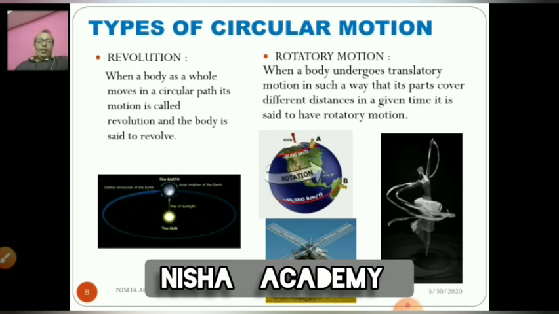So, we can say that the fan has a rotatory motion. In the third figure also, a doll is taking a round around its axis. So, when a body undergoes a translatory motion in such a way that its parts cover different distances in a given time, it is said to have a rotatory motion.